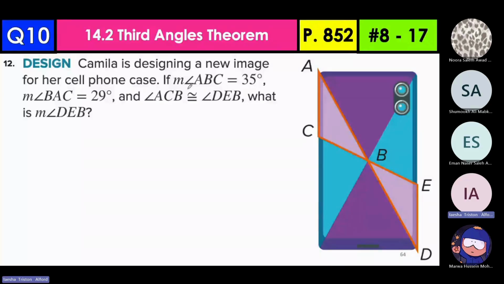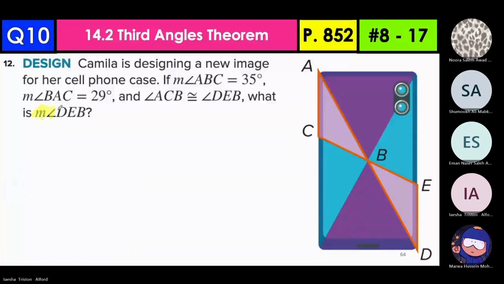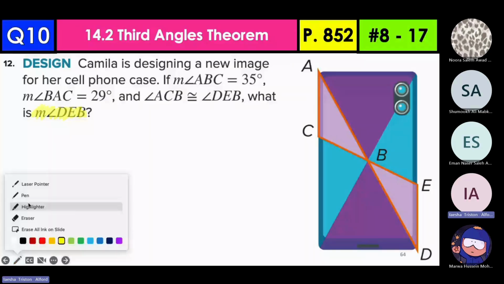It says Camila is designing a new image for her cell phone case. If the measure of angle ABC is 35 degrees, and the measure of angle BAC is 29 degrees, and angle ACB is congruent to angle DEB, what is the measure of angle DEB?